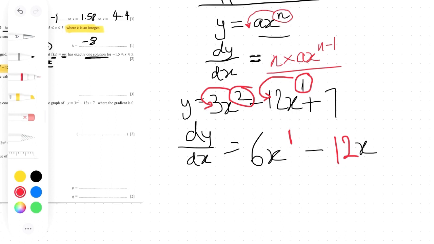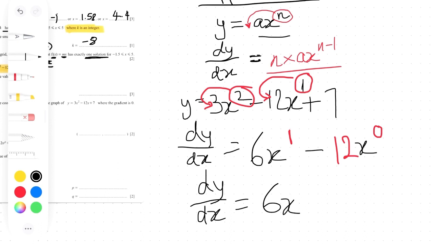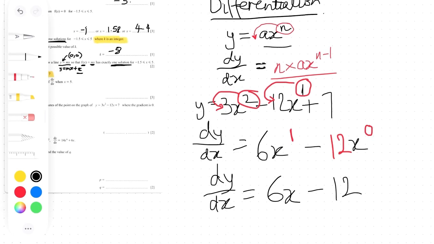When you reduce the power by 1, that just becomes 0. 12x to the power of 0. So now let's simplify this. dy by dx is equal to 6x, because x to the power of 1 is just x, and minus 12, because anything to the power of 0 is 1, so x to the power of 0 is 1.